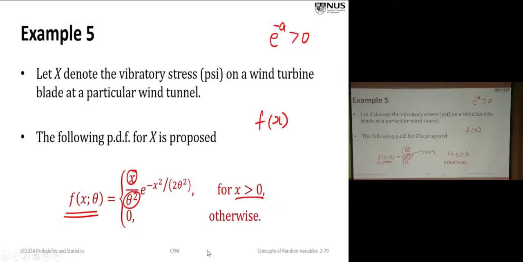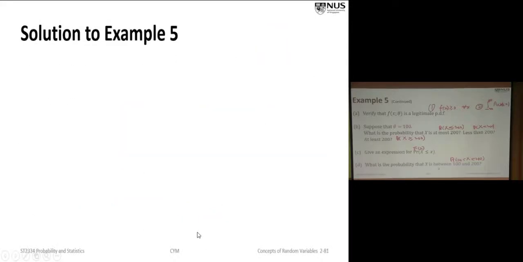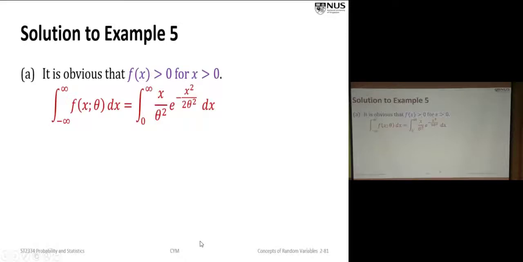The second one requires doing the integration. So we integrate the PDF over x from minus infinity to infinity. This can be written as the integral from minus infinity to 0 of 0 dx, plus the integral from 0 to infinity of f of x, which is x over theta squared, e to the power of minus x squared over 2 theta squared dx.